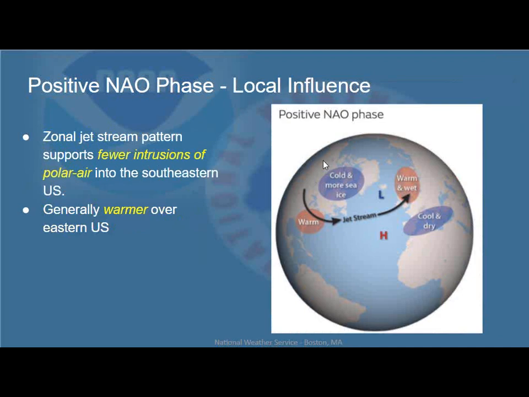And again, the local influence would be fewer intrusions of the cold air into the southeastern U.S. So in other words, it would be warmer over the eastern U.S. So again, if you like snow, it doesn't mean that it's a shutout, but it would take the odds against a snowier winter because you just don't have the colder air in place.